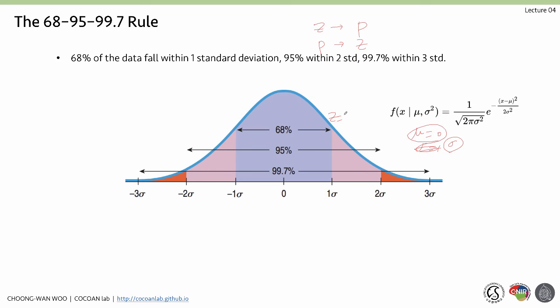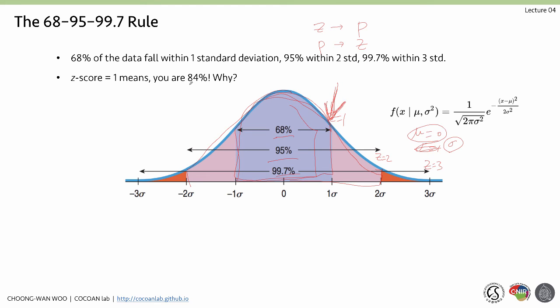That is Z equal 1: the area within one standard deviation is 68% of data. 95% of data fall within 2 standard deviations, so that is Z equal 2, and Z equal 3, 99.7% fall within 3 standard deviations.